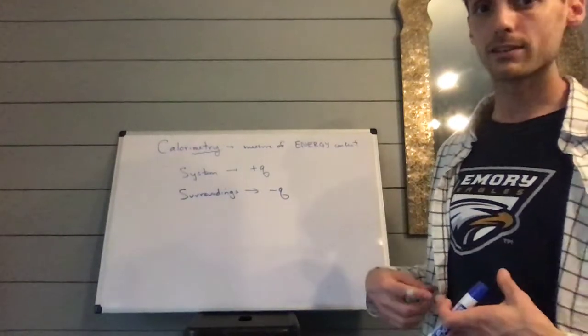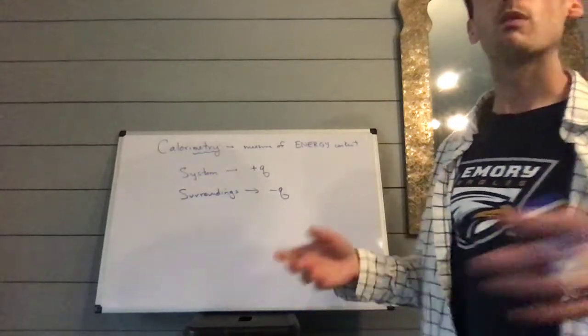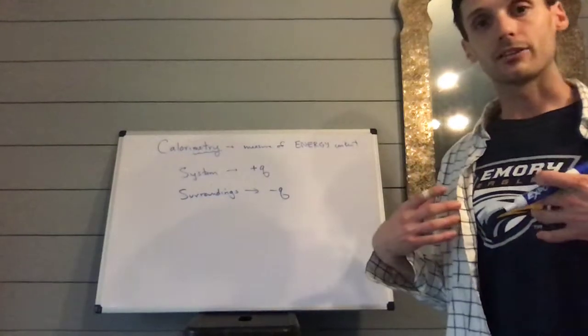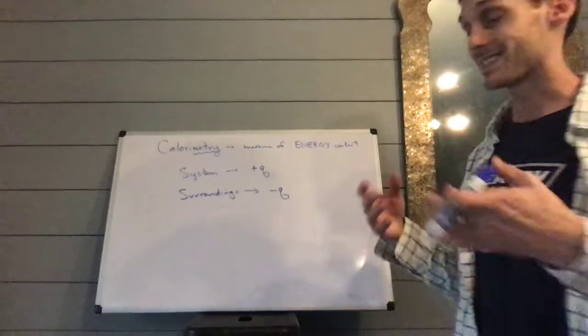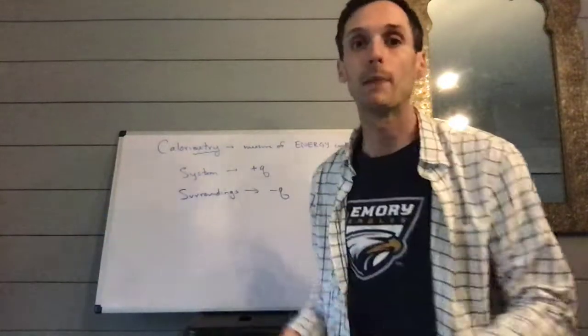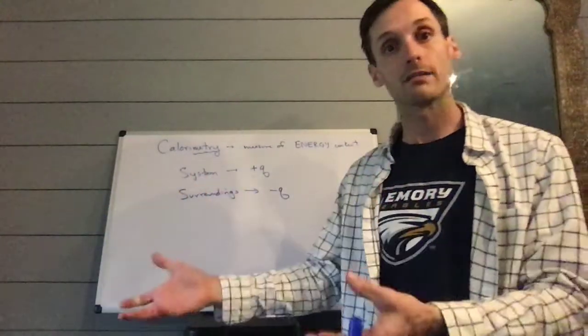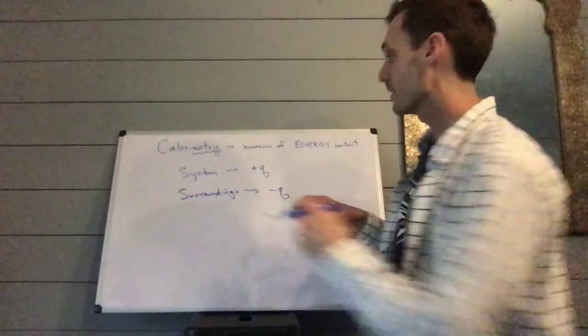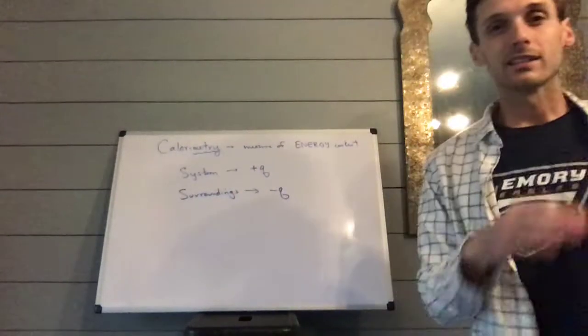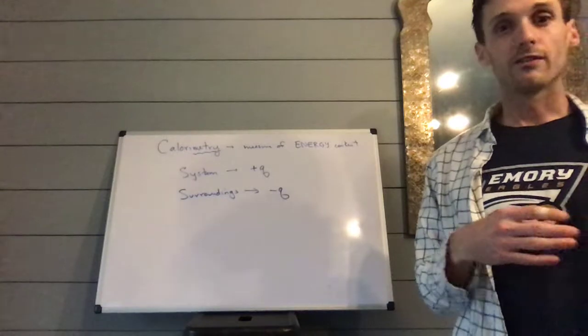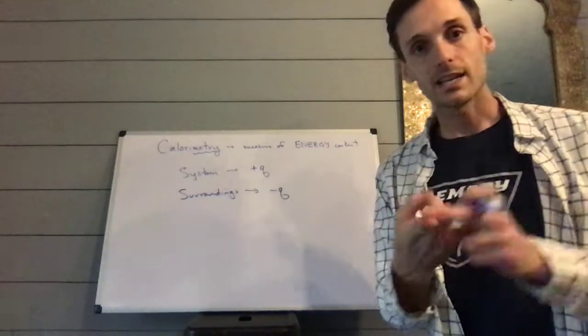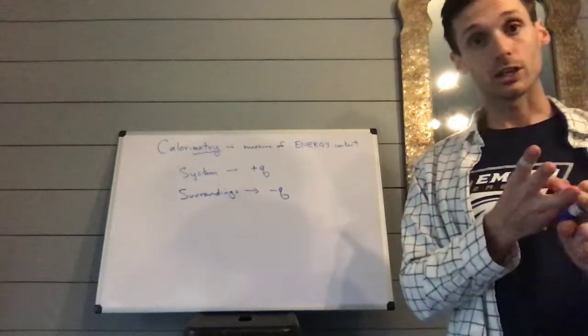So the surroundings are going to lose energy while the system gains energy. And vice versa. If the system loses energy, it must go to the surroundings, so the surroundings will gain that energy. They will always have opposite signs for delta E, delta T, and Q.